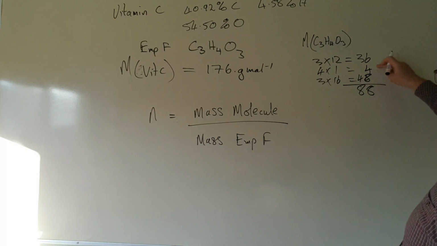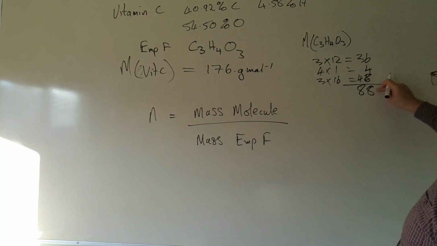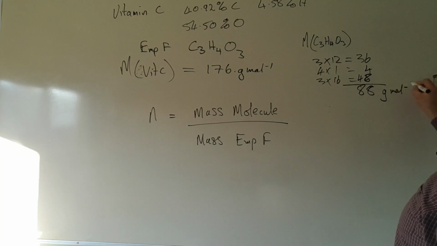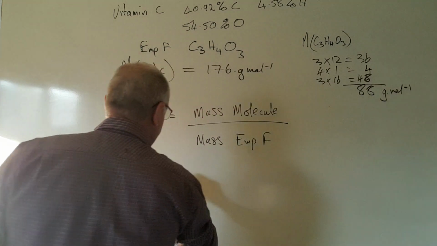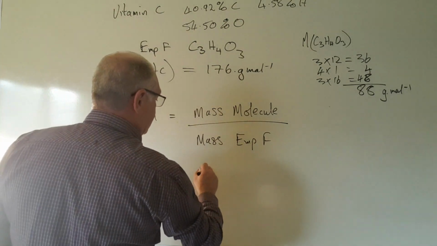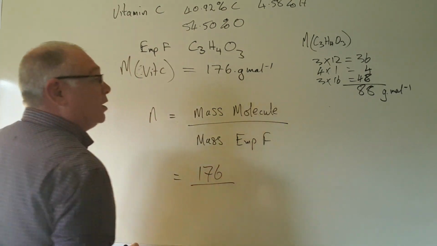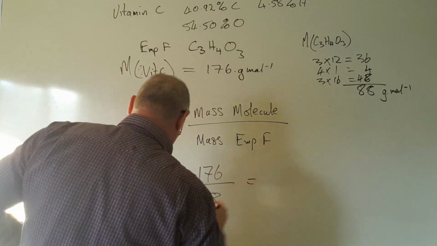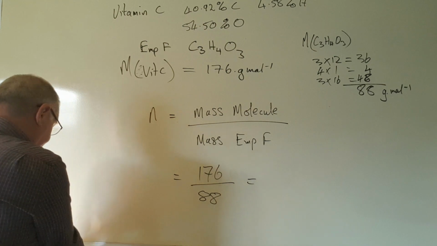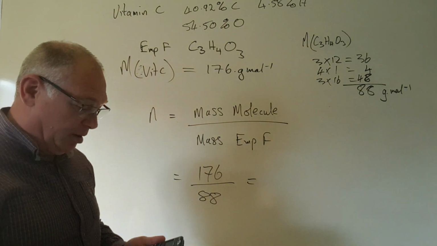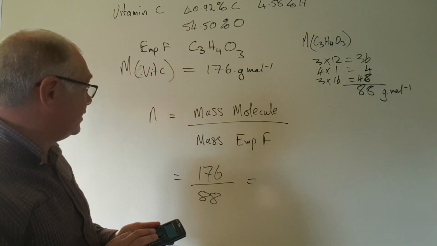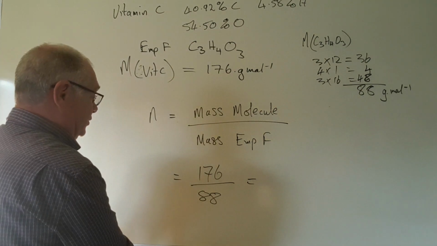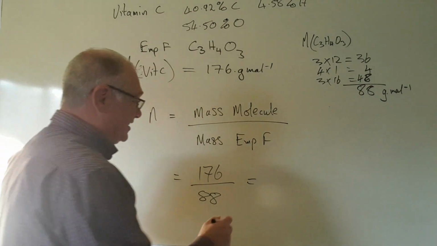Is that right? 10, 18, carry the 1, yes, 88 grams per mole. So, we're told that the mass of the molecule is 176. We're told that the empirical formula mass is 88. If we do that calculation, 176 divided by 88, we get 2.